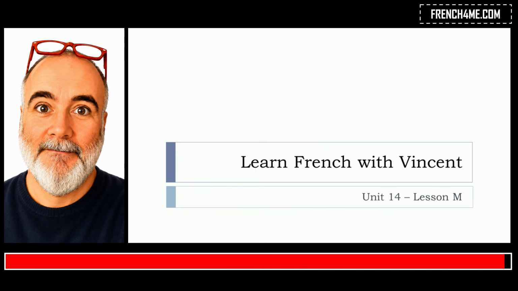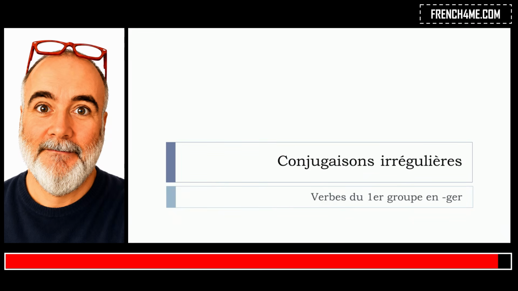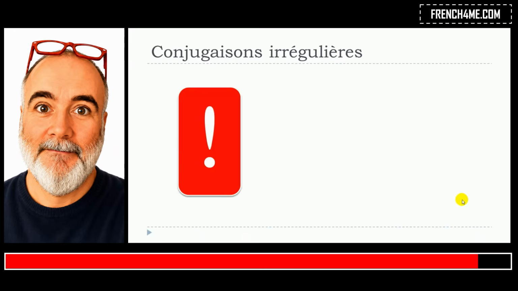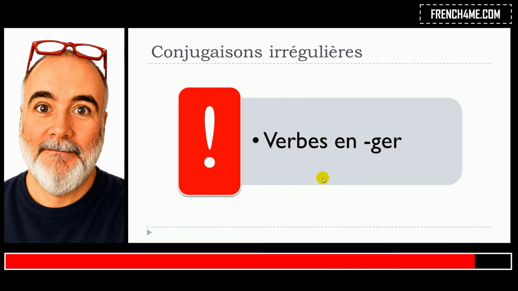This is Unité 14, leçon M, and in this lesson we'll continue the series that we just started in the previous video concerning les conjugaisons irrégulières, and we're talking about the verbs from the first group ending with GER, okay? Because if you remember carefully, when I introduced the first group, it was a long time ago, I know, but then I said that, well, actually the first group of verbs are regular verbs, and that's true.